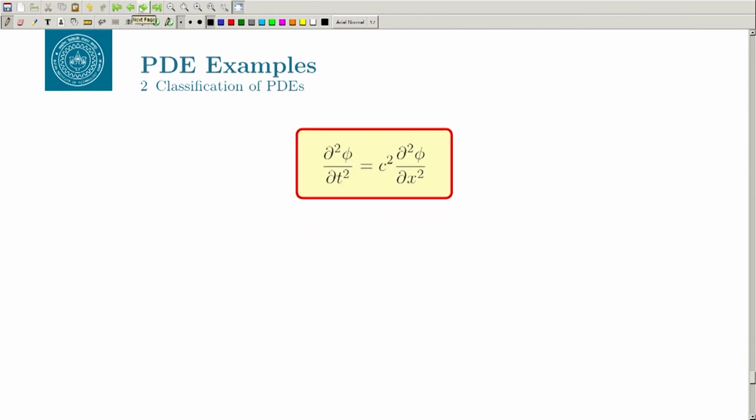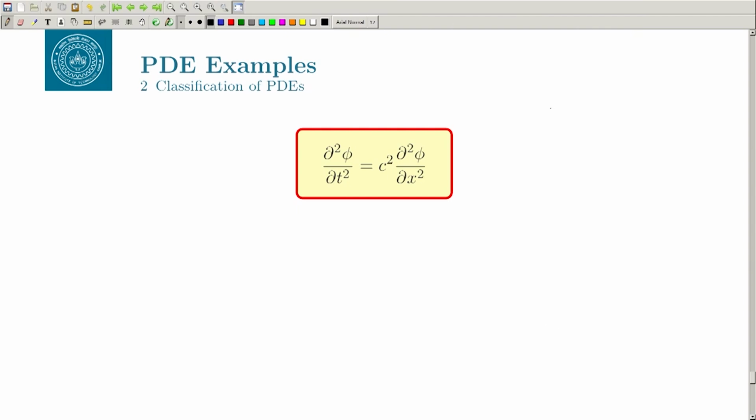Now, look at the most interesting one, which is the hyperbolic equation, and as we have discussed earlier, this is the wave equation, and I am going to write it in terms of x.